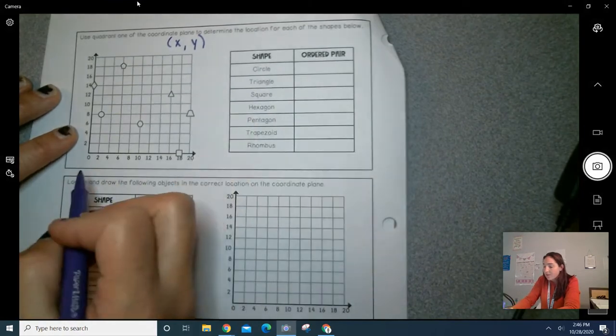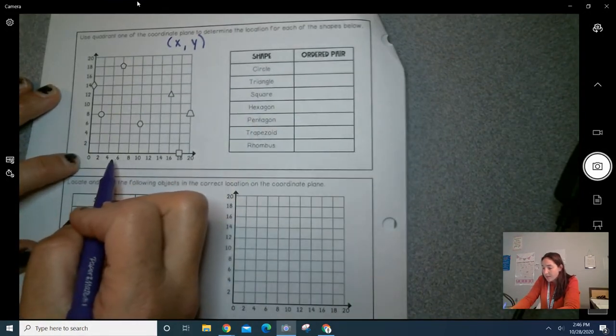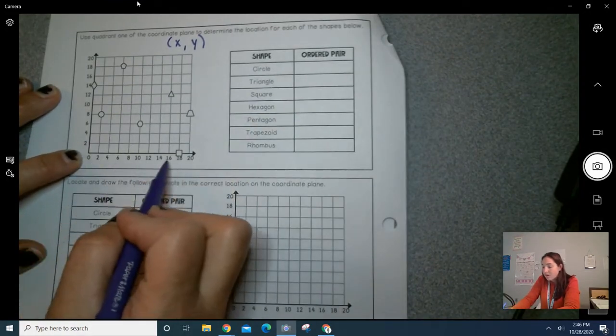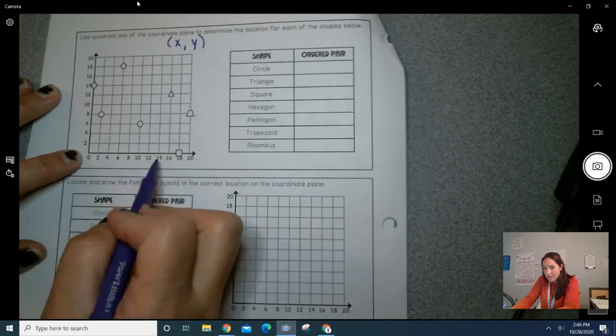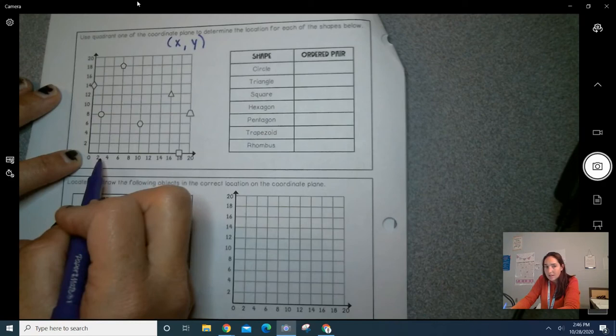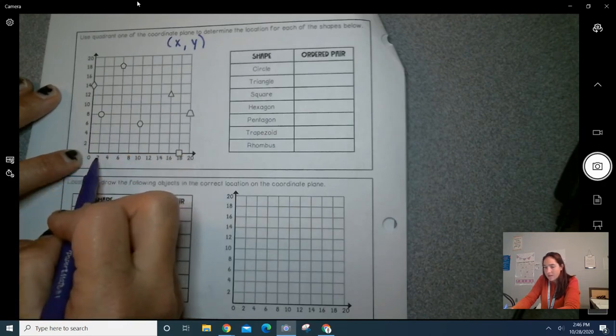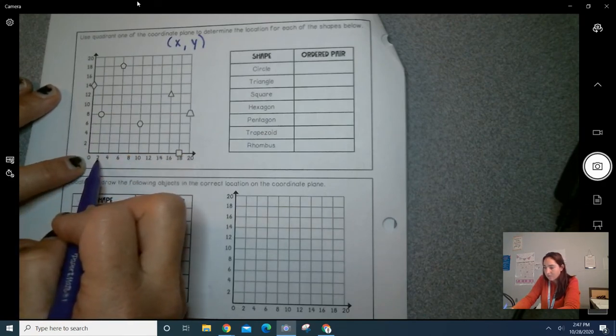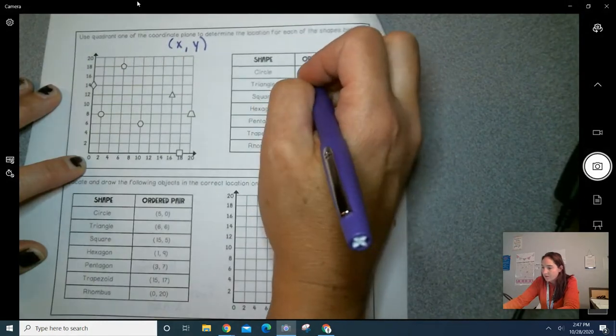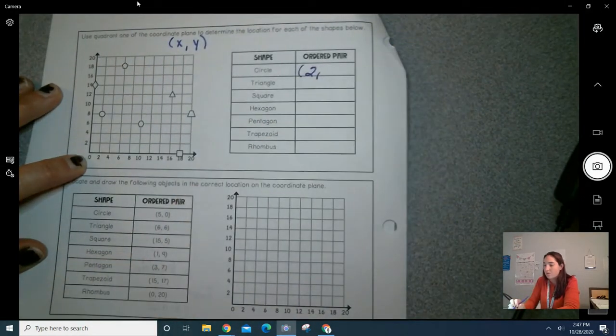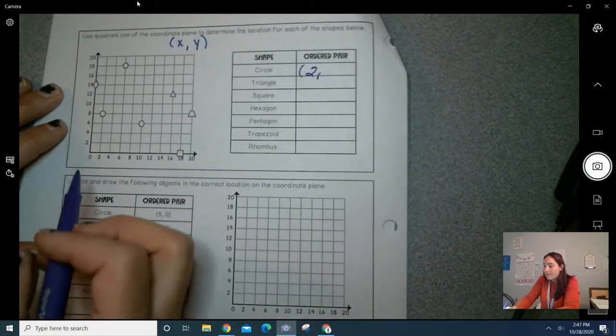So for the circle, we have to decide where it falls on my horizontal axis or the x-axis. And horizontally, the circle falls at 2. So that's the first number in my ordered pair. That's the horizontal number. And then I have to put where it falls on my vertical axis.